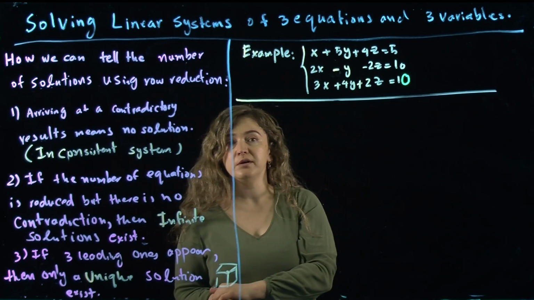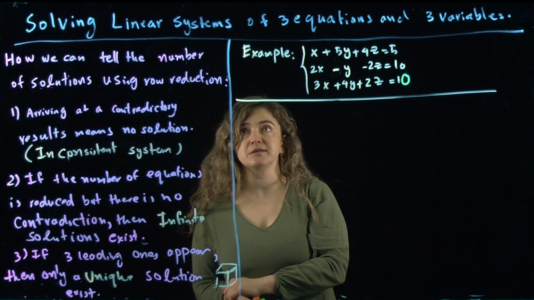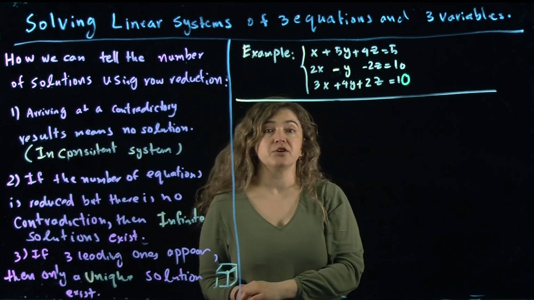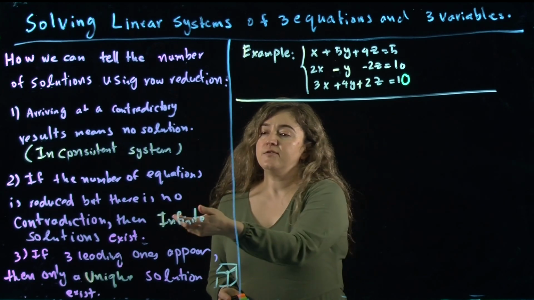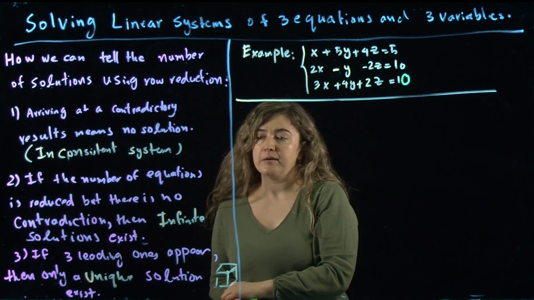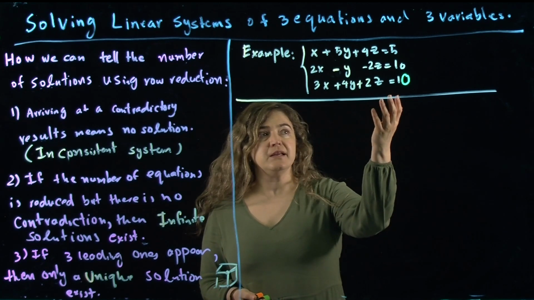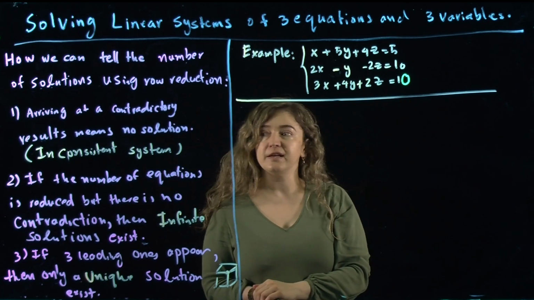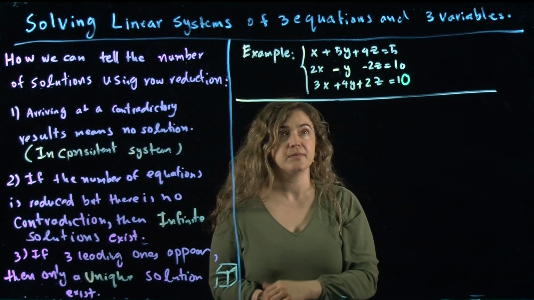Unique solution, we gave an example when we discussed the row reduction method. Infinite solutions, we gave an example. And it's appropriate at this point to give an inconsistent system example.